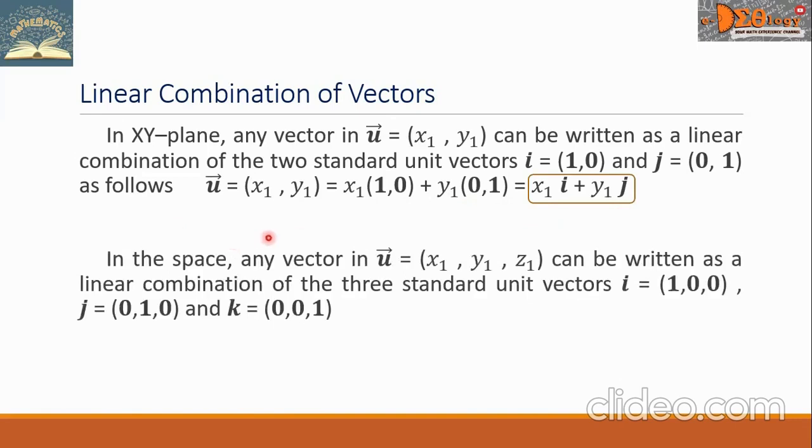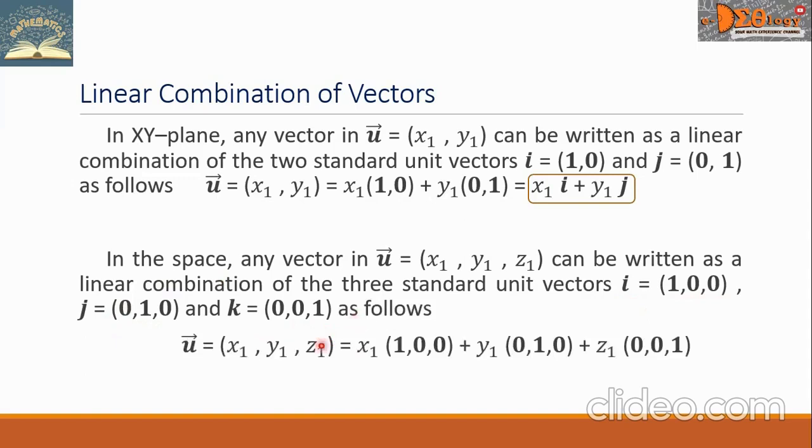In space, any vector u equal to the triple coordinates x sub 1, y sub 1, z sub 1 can be written as a linear combination of the three standard unit vectors i equals 1, 0, 0, j equals 0, 1, 0, and k equals 0, 0, 1, as follows.